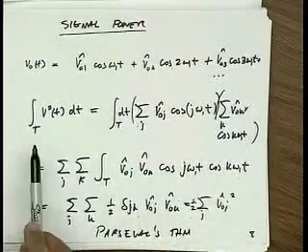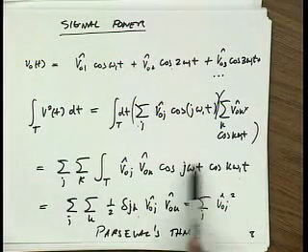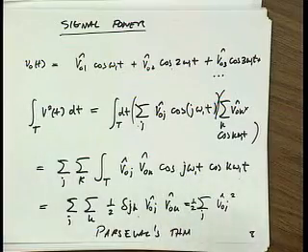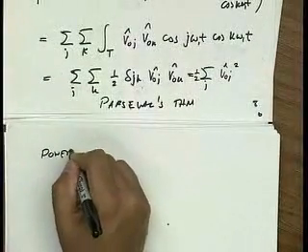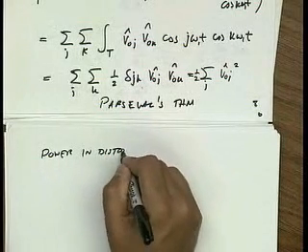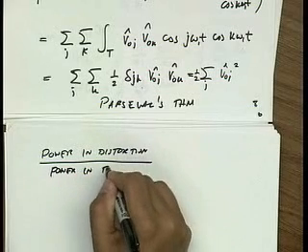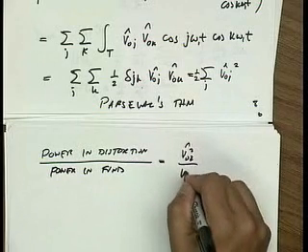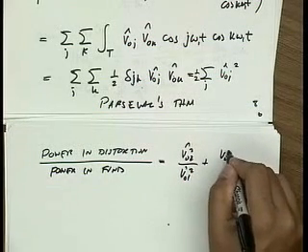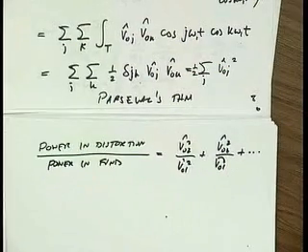Which tells you that the signal power is related to the power in the harmonics. Okay, and that's because we've done an orthogonal expansion on the signal. So applying Parseval's theorem tells me that the power in the distortion divided by the power in the fundamental is simply Vo2 squared divided by Vo1 squared plus Vo3 squared divided by Vo1 squared plus all the other harmonics.